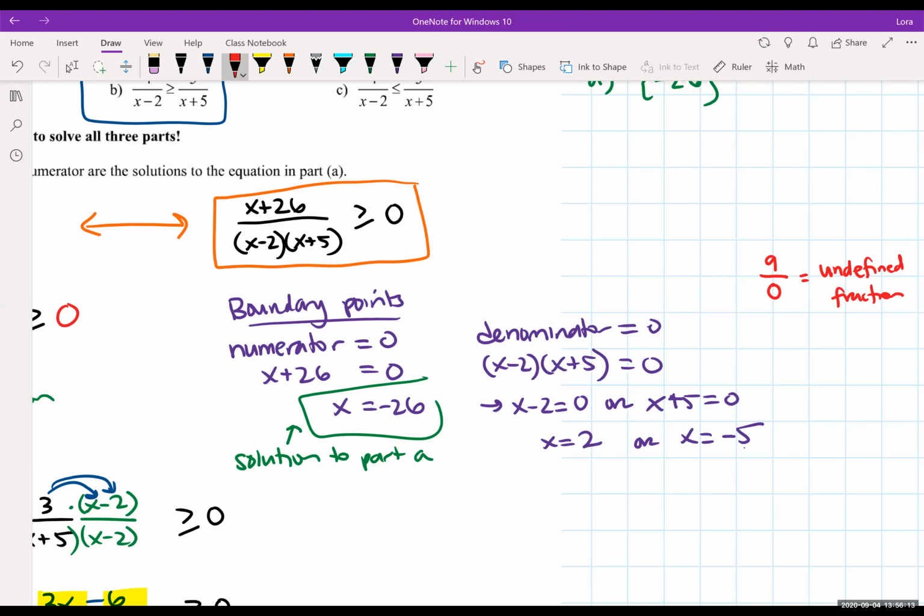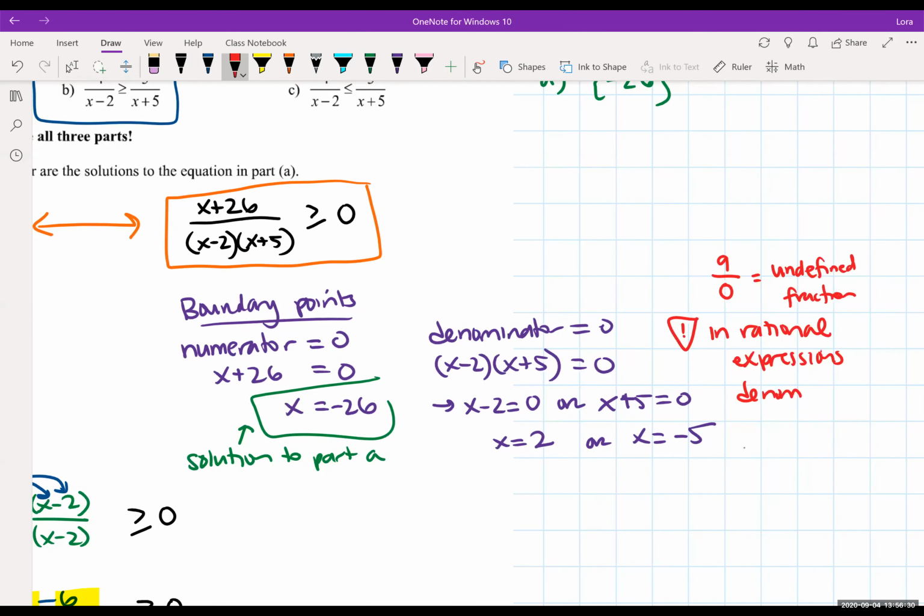And with fractions and rational expressions, they're related. So remember that in rational expressions, the denominator is never allowed to be 0. It makes the rational expression undefined.